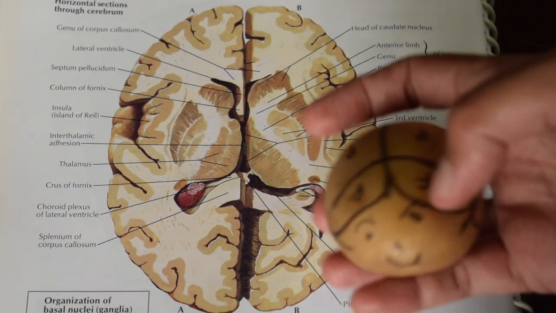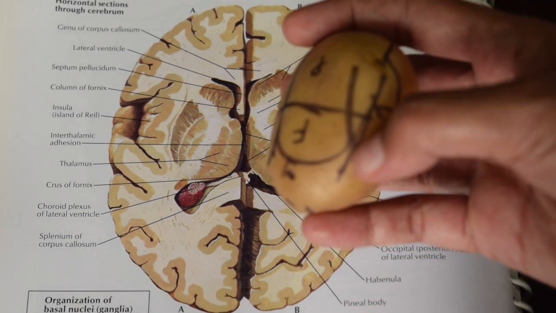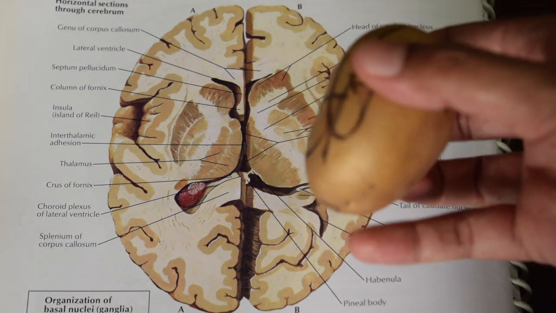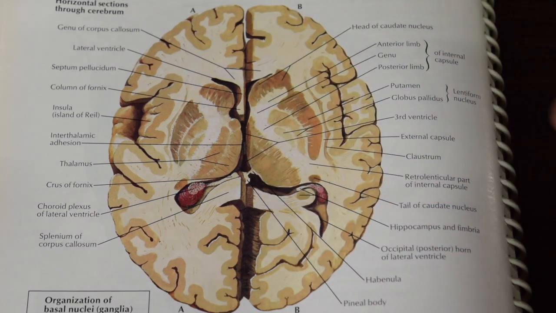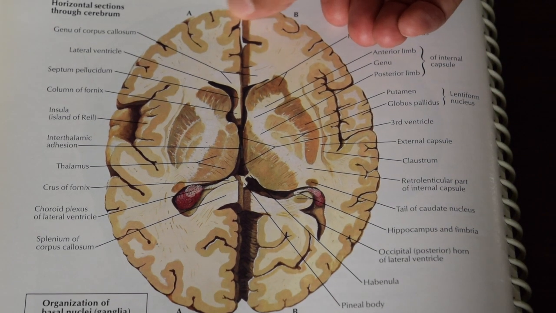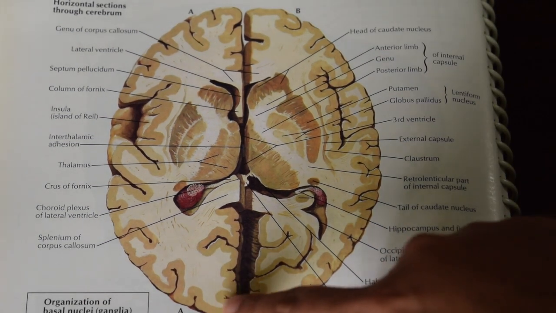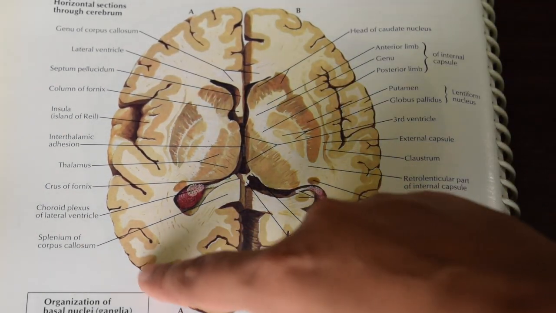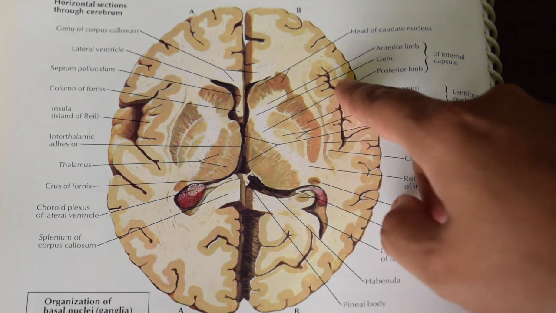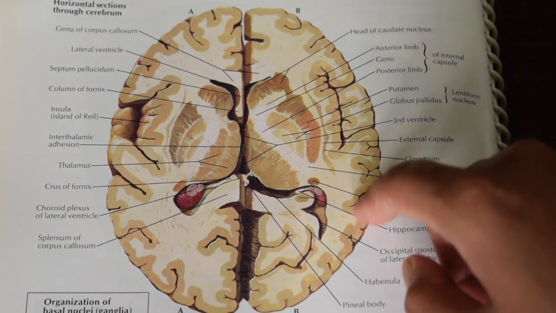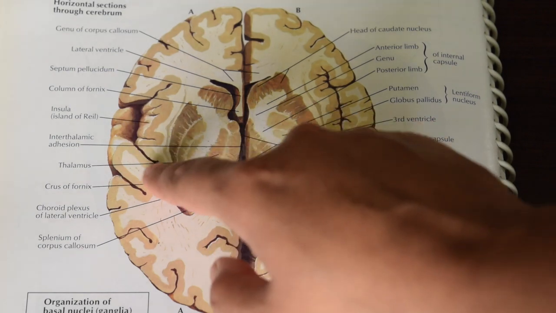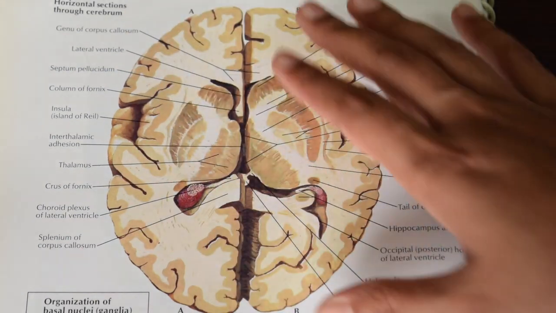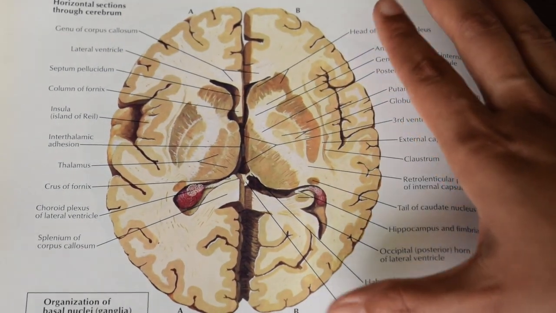Now this view of the brain is cut transversely and seen from below. Alright? Now this is the front of the brain and this is the back of the brain. That makes this the frontal lobe and this the occipital lobe. And this is the temporal lobe, this is the parietal lobe, temporal and parietal. Alright? Now that is the orientation of this particular picture.